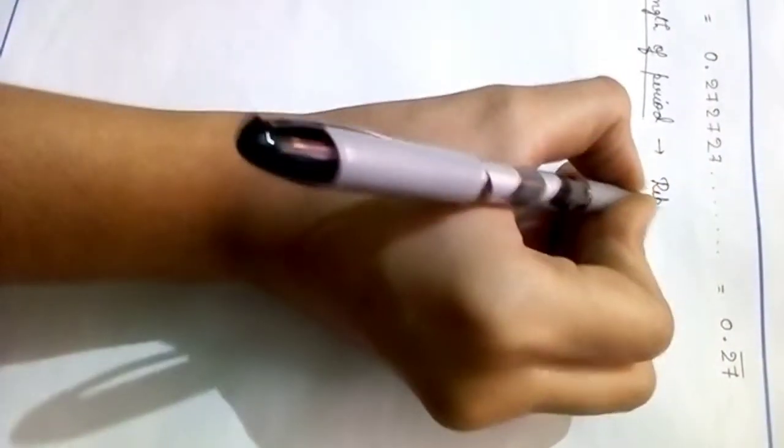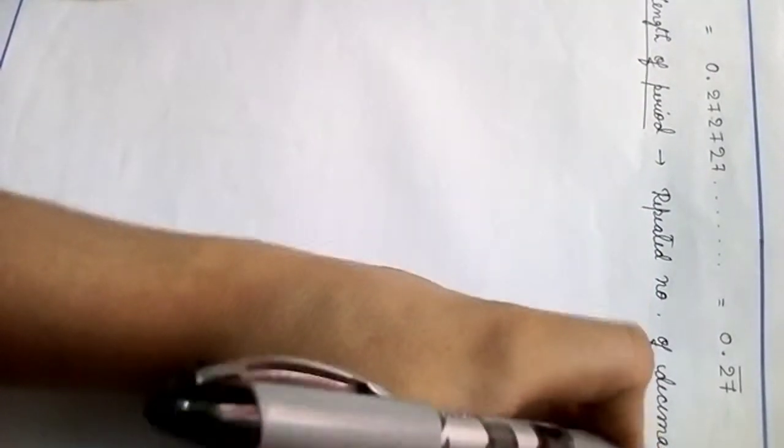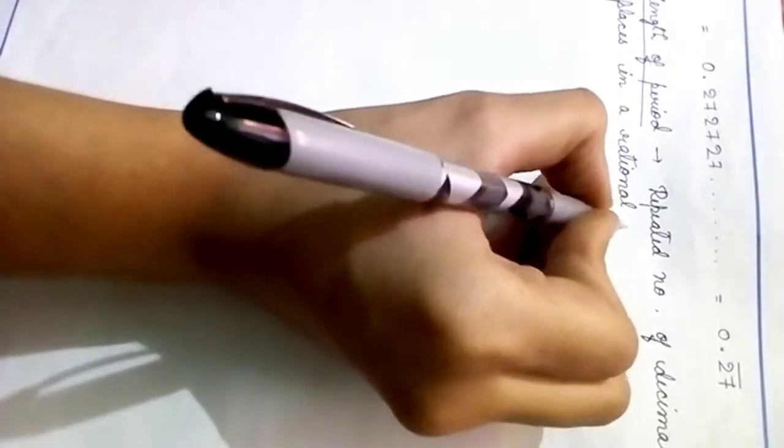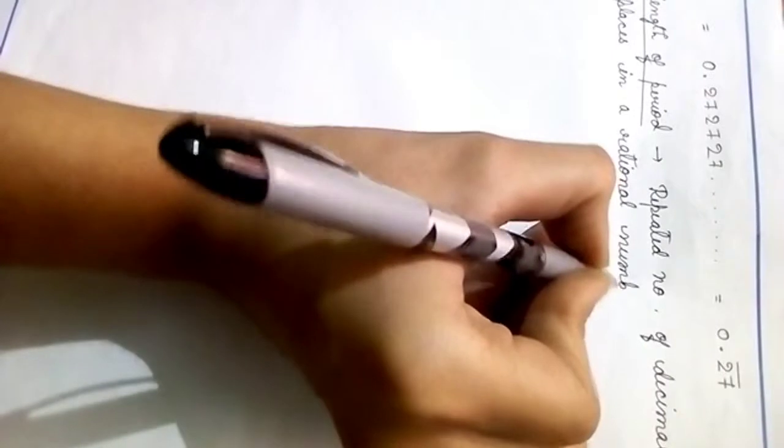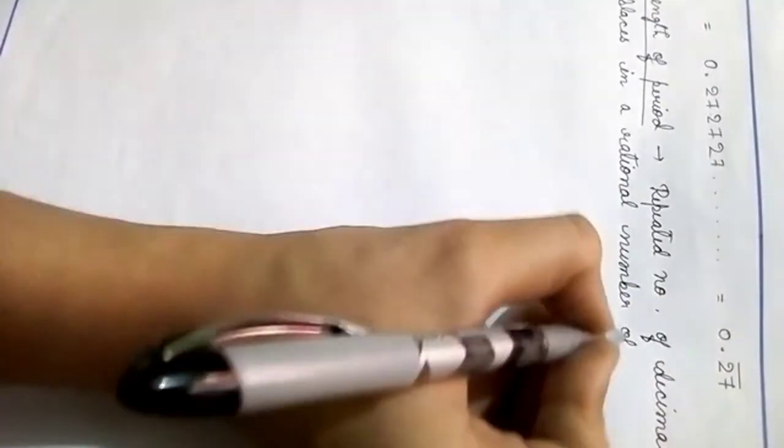It is nothing but repeated number of decimal places in a rational number is called length of its period. एक रैशनल नंबर के एक्सपेंशन में जो रिपीटेड नंबर ऑफ डेसिमल प्लेसेस रहता है उसे हम लेंथ ऑफ इट्स पीरियड कहते हैं.